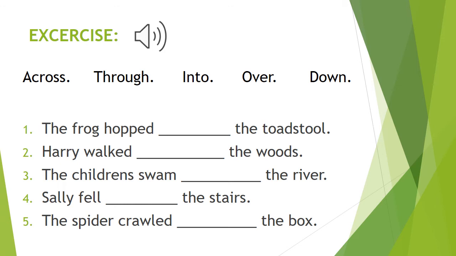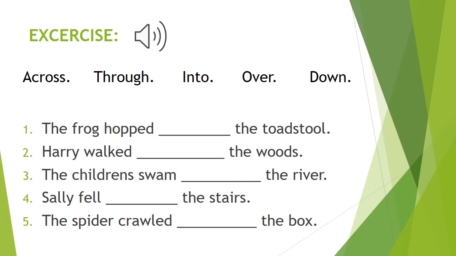Into. Into means someone or something is enclosed or surrounded by something else. Over. Over is used when crossing from one side to the other, usually when going up and then down. An example of over is she drove her car over the hills.